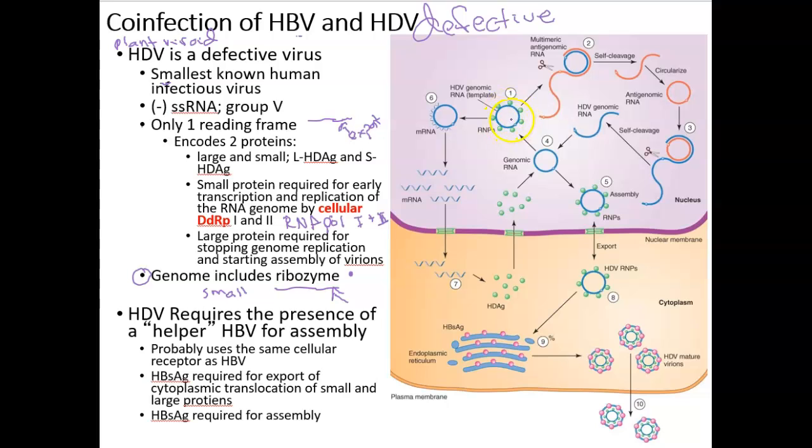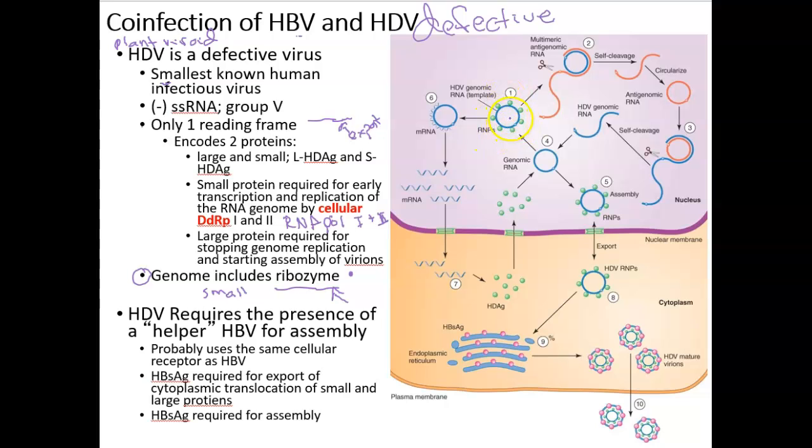The genome has to interact with the RNA polymerase from the cell. RNA polymerase 1 is involved in transcription from the antigenome, using the antigenome as a template. And then RNA polymerase 2 is involved in synthesizing from that to make RNA in the opposite direction.